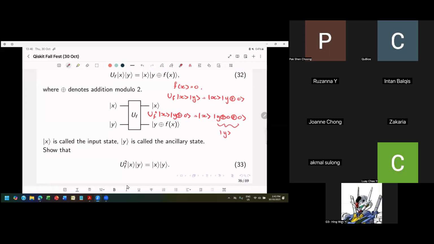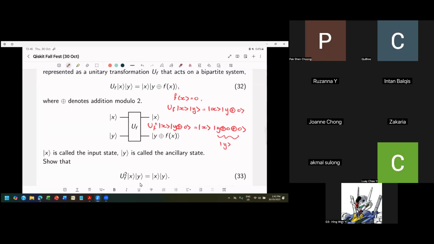So now you assume that f(x) equals 1. When you perform it twice, the first time it will give you this.